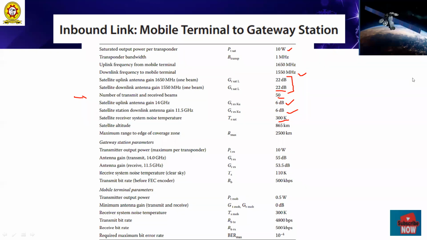This is the link budget sheet collected from the LEO satellite communication system. In this budget sheet, suppose the satellite system services are used by, for example, 50 users on a sharing basis.